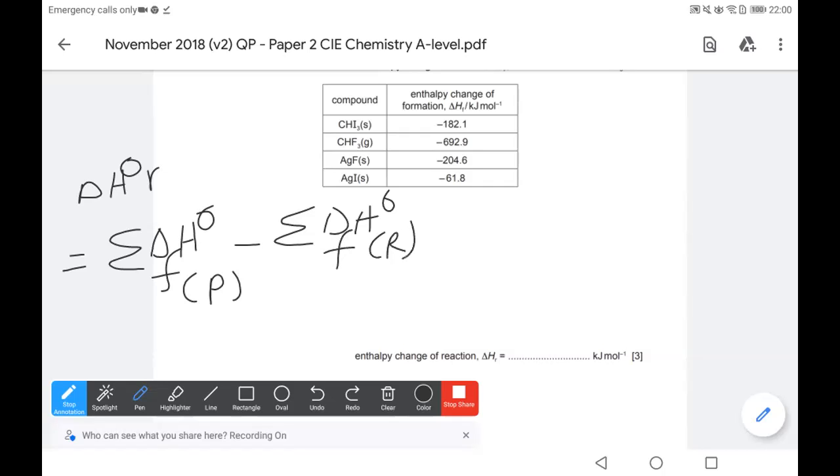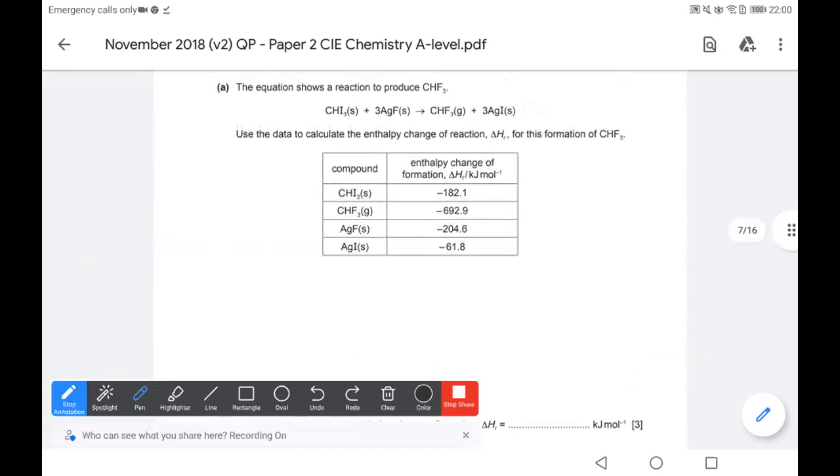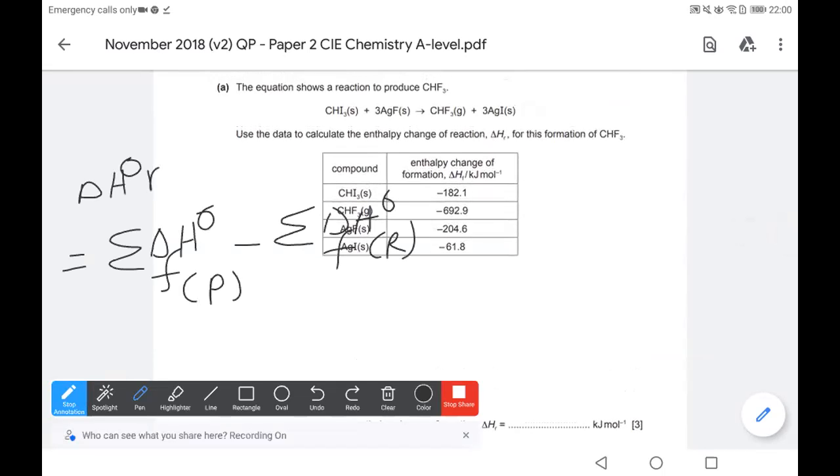For the products, there should be 3 HF, so 3 times the formation of HF, minus 61.8, plus CHF3, minus 692.9.